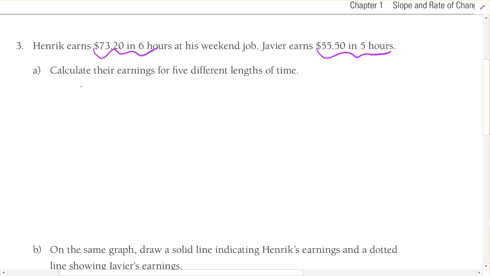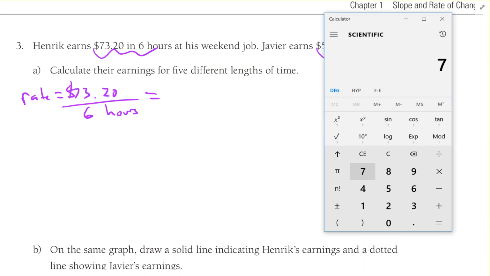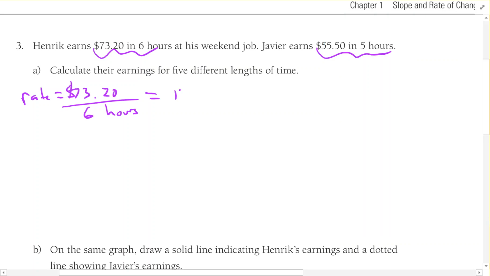So let's go 73. Here I'll go rate is equal to $73.20 over 6 hours. So 12.2.